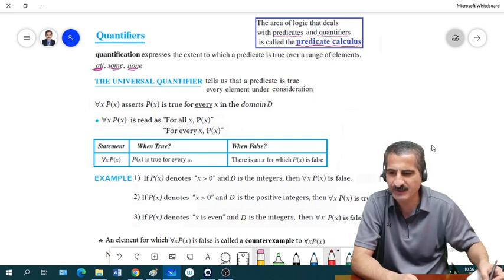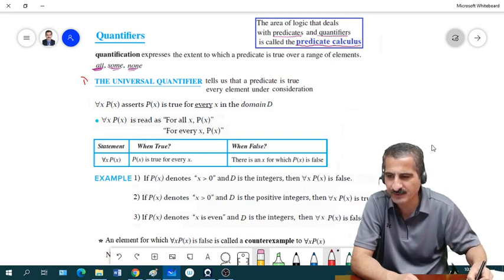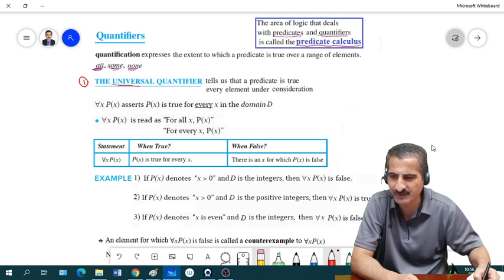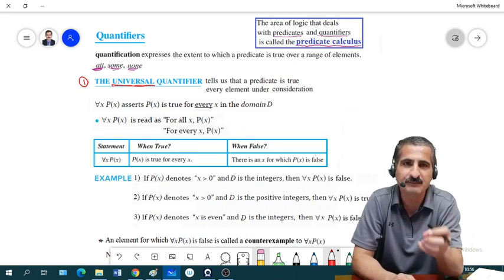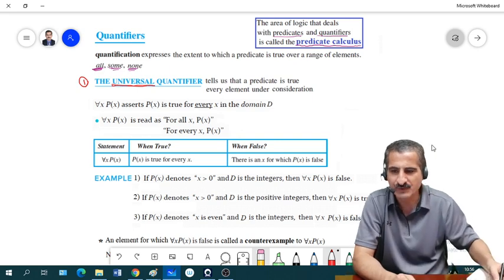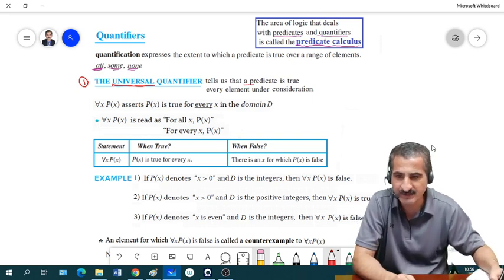The first kind of quantifier is the universal quantifier. This tells that a given statement, a given property, is true for all inputs from the domain. So the predicate is true for every element under consideration, for every element in the domain.